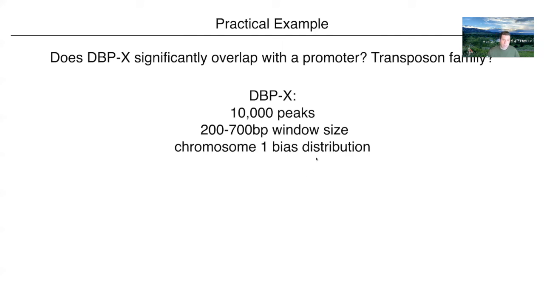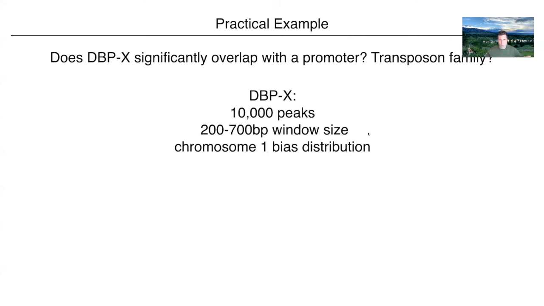So what we're going to control for is the number of peaks, because each DNA binding protein has very different amounts of peaks. They also have different window sizes. Some cover large windows, and we need to be sure that when we take this data and randomly place it in the genome, we're representing the structure of the data as well. Then we can count how many events were on each chromosome, what the window size was for that chromosome, and the peaks for that chromosome.